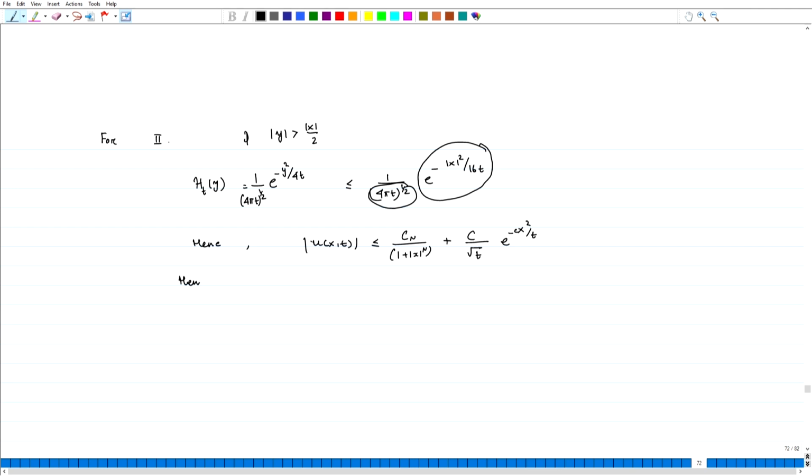Hence a similar calculation for the derivatives of u in the space variable will give us the result. Okay, that is a small observation that we have seen.